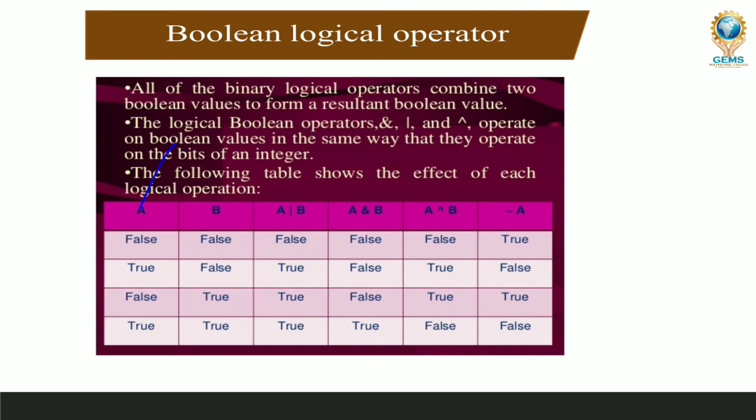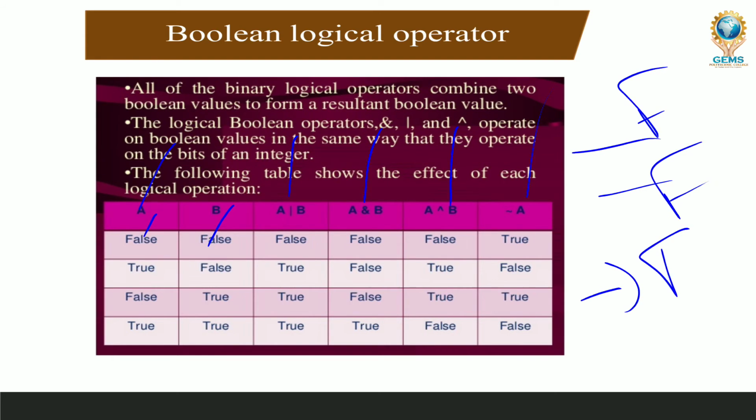When the first input is false and the second input is also false, what is the output in OR? It will produce false only.